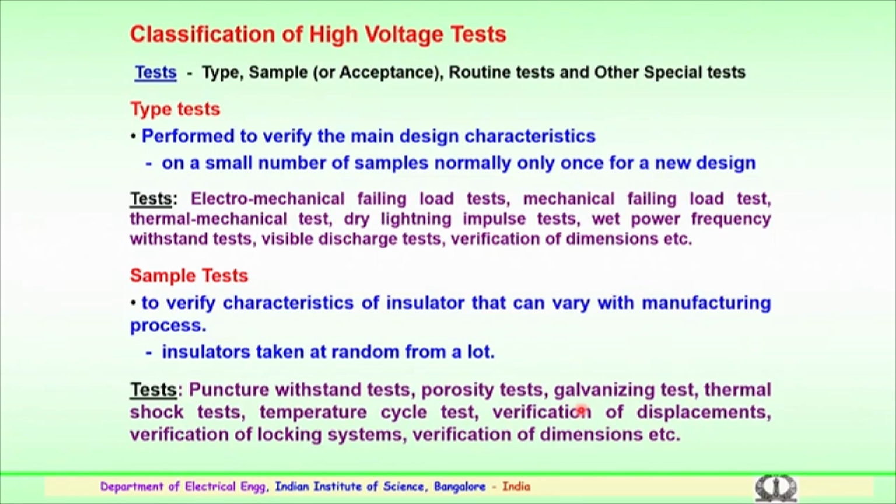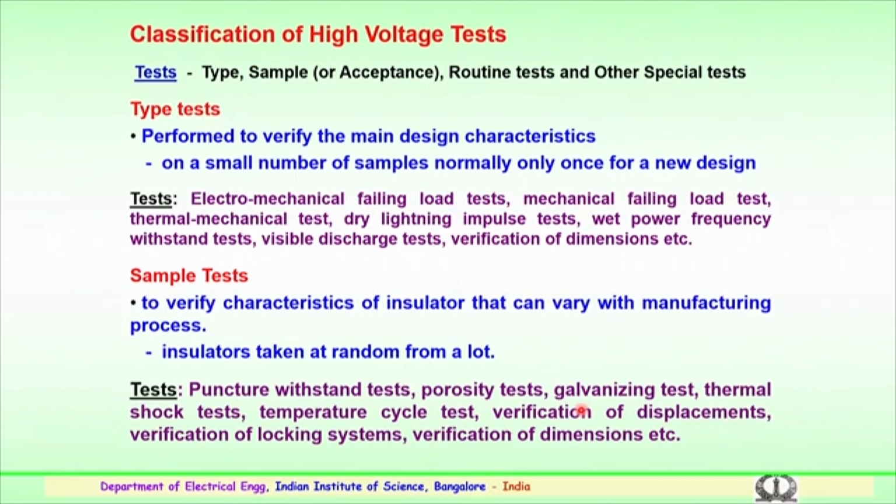The type tests are generally performed to verify the main design characteristics, and they are done on a small number of samples, only once. In case the design of that equipment or product is changed, then the type test has to be repeated.